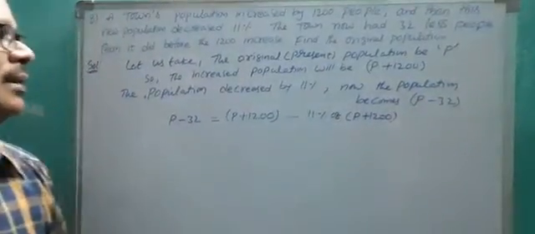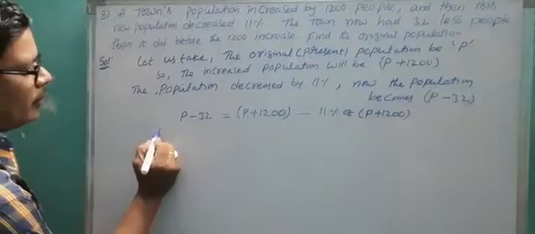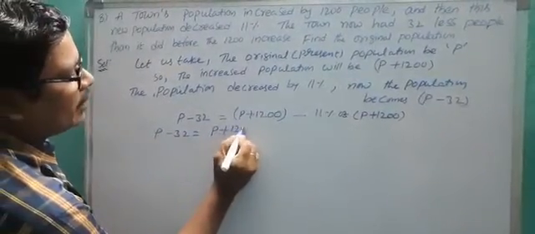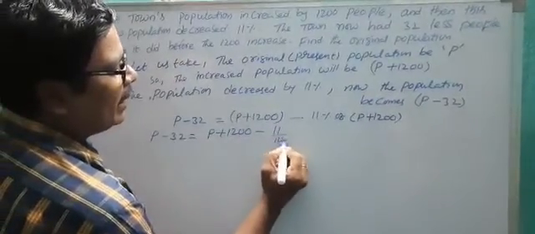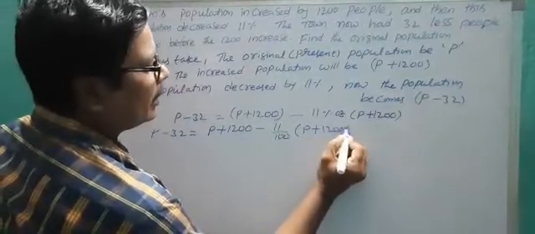Now you have to solve it and you get the answer. So P minus 32 is equal to P plus 1200 minus 11 by 100 into P plus 1200.